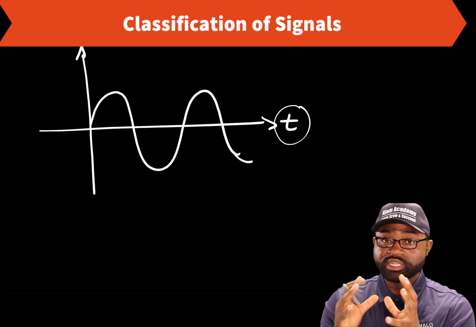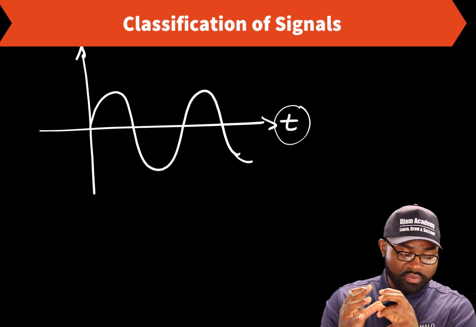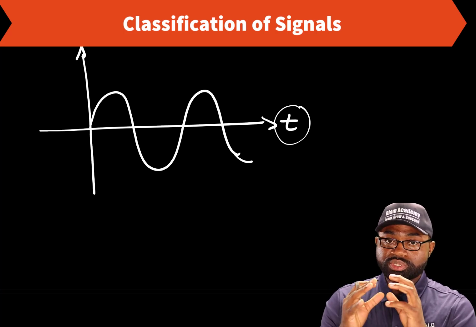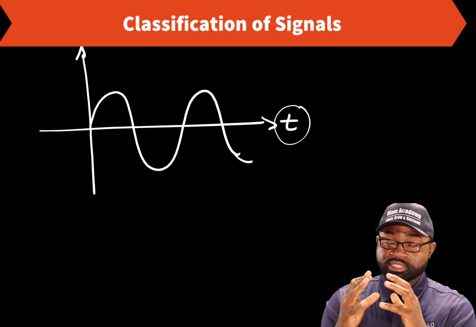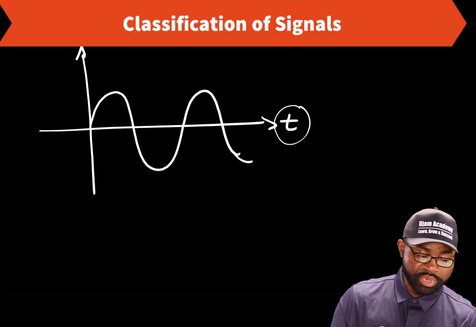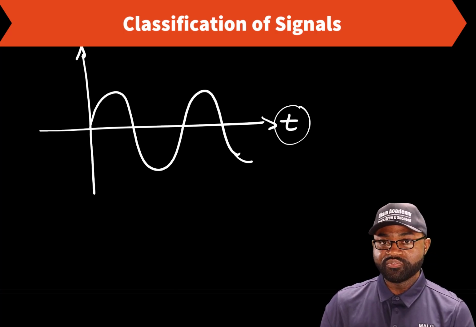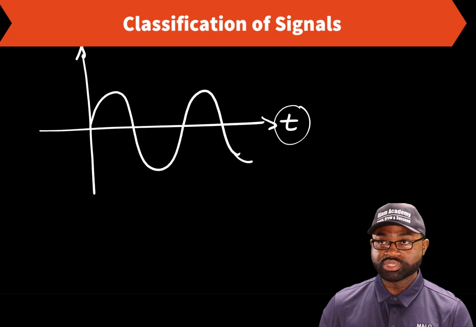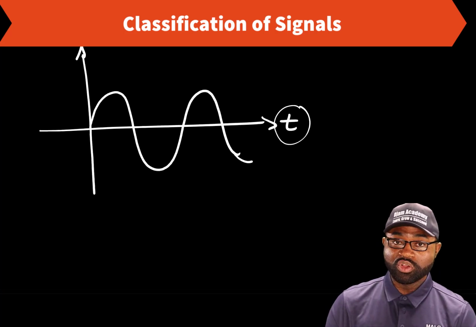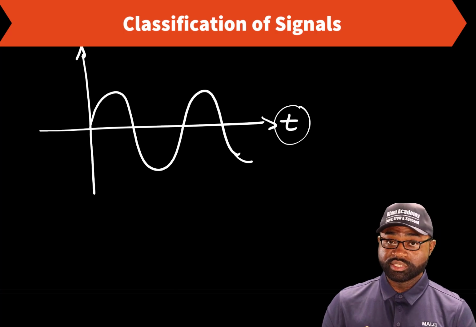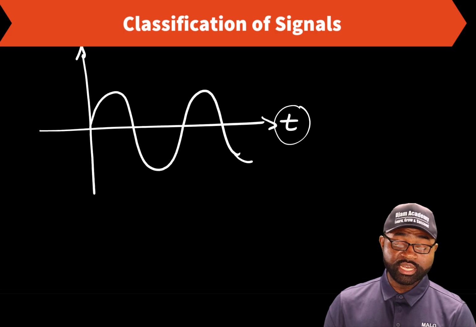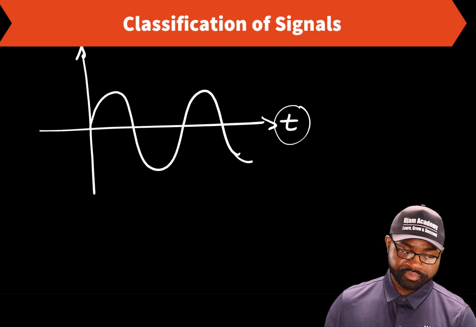So that represents an example of a continuous signal. To summarize, a continuous signal is continuous because its independent variable or variables are also continuous. It is present at all points in time and in space.